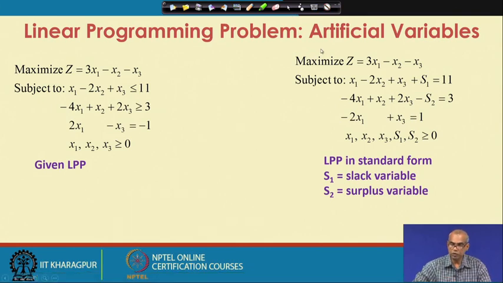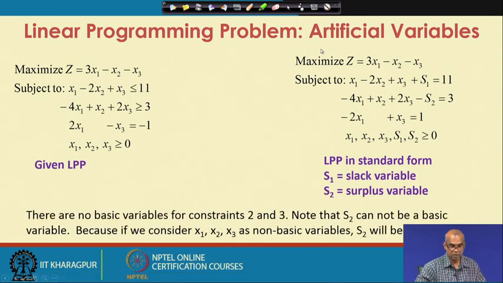So, what do we do? We add artificial variables. Note that constraints 2 and 3 do not have any basic variables.